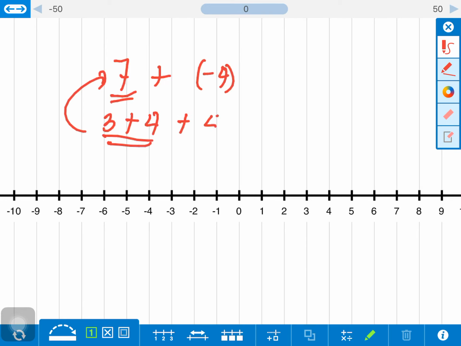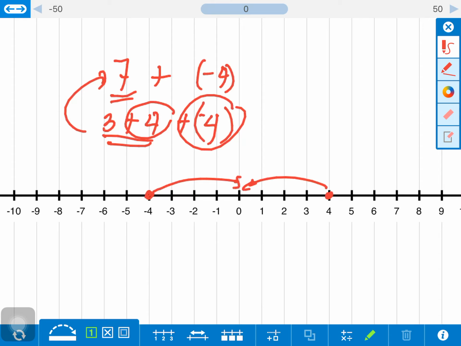If we add negative 4 to that, I can use the concept of opposites, which means that positive 4 and negative 4 is just 0, because they will attract, which will now give me an answer of positive 3.